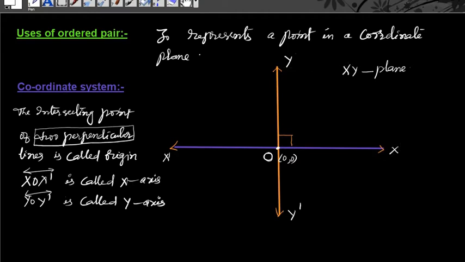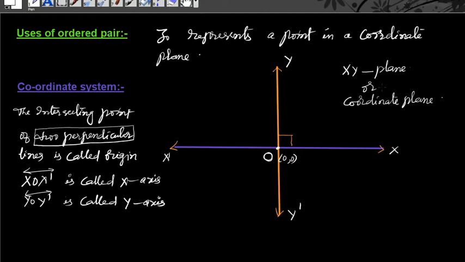That's why the name of this plane is the xy plane, or the coordinate plane. The simple definition of the coordinate plane is: when two perpendicular lines are taken in a plane, that plane is said to be the coordinate plane. It can also be written as xy plane or coordinate plane.